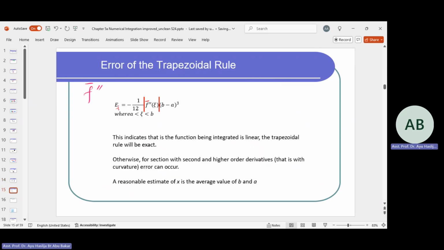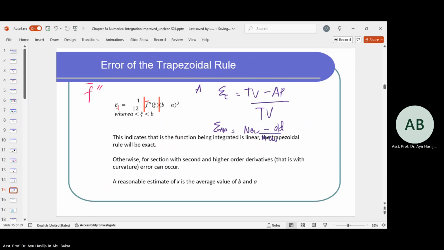Now the error over here, I will not focus much on this equation. The error, we just use like previous error. For true error, you use true value minus approximate value over true value. If approximate error, you use the new value minus old value over new value.